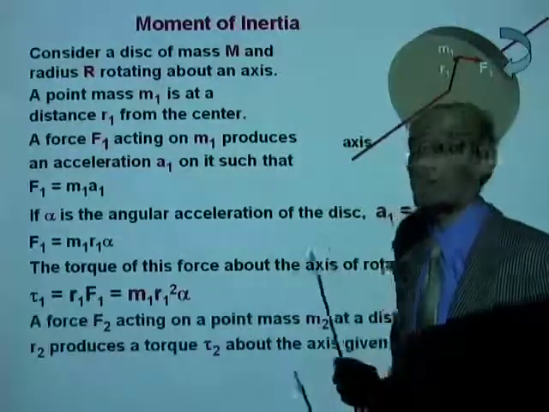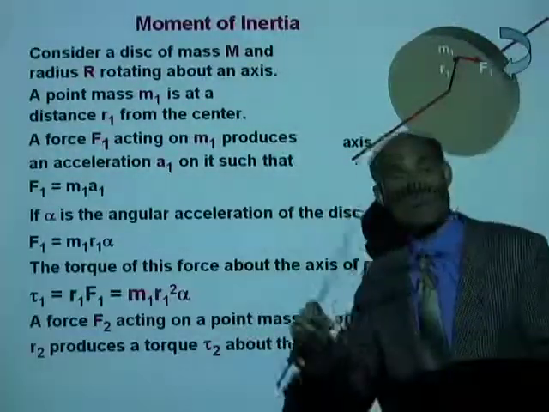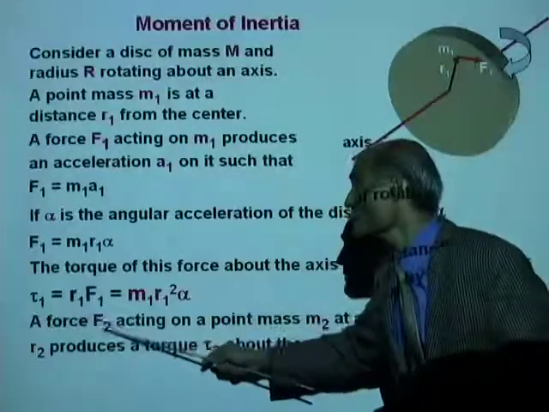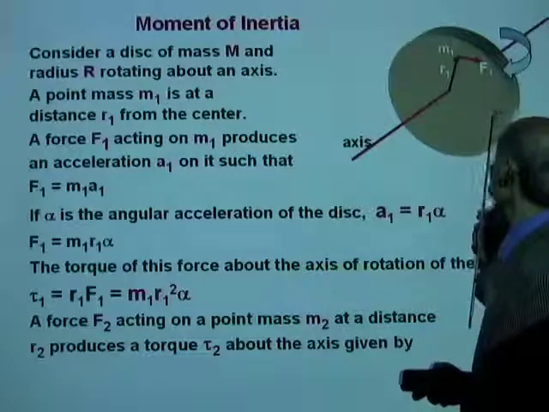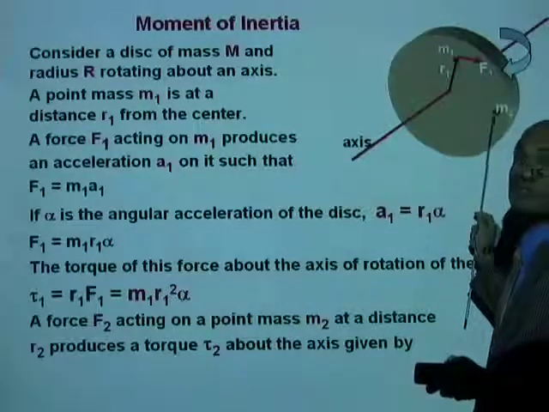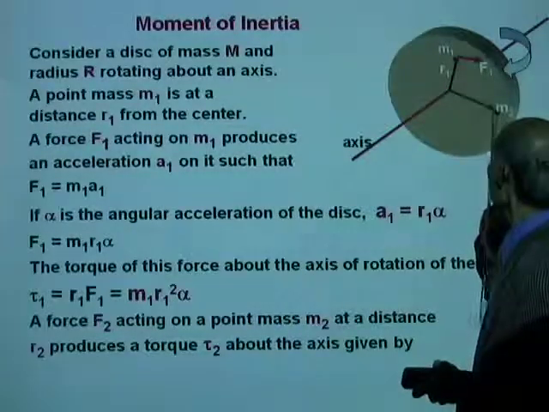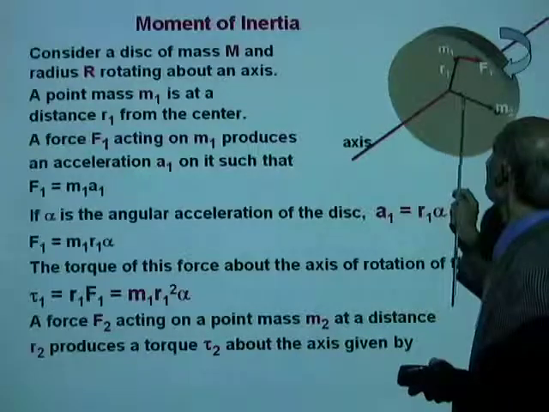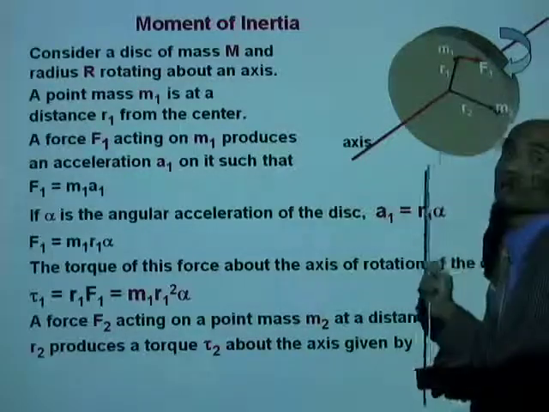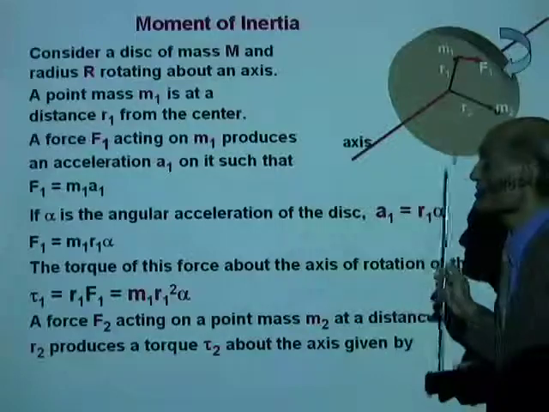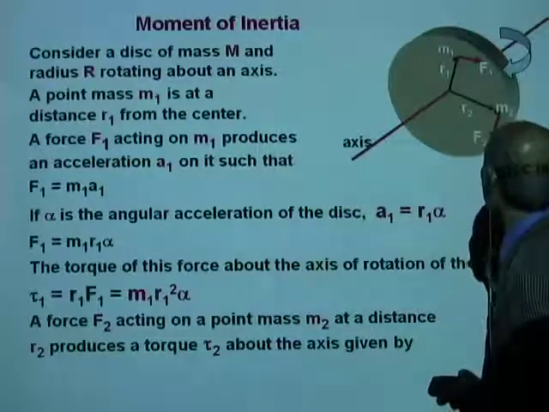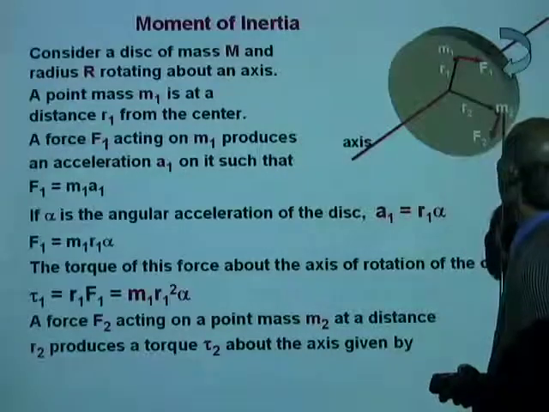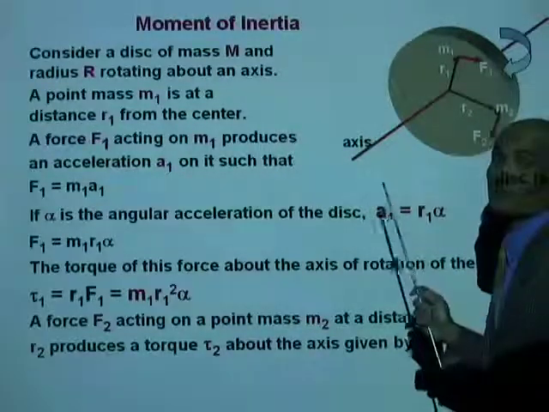So let's consider now another particle, a force F2 acting on a point mass m2. This is a point mass m2, and this m2 is at a distance r2 from the axis of rotation. A force F2 is acting on it. What is the torque on this particle?